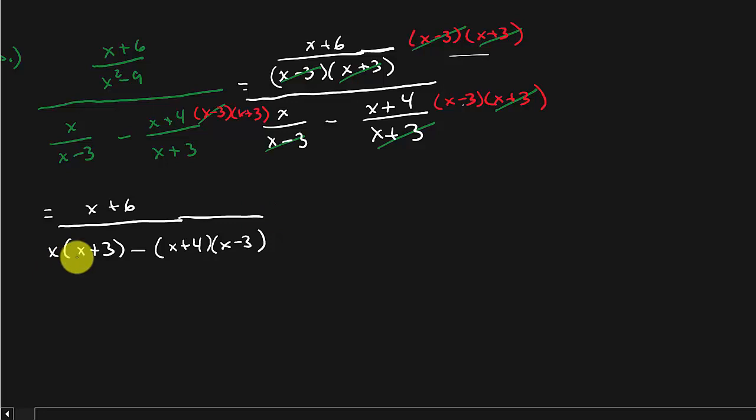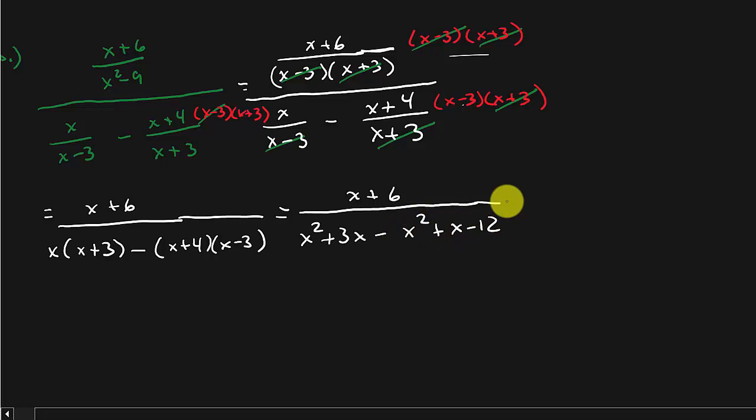Okay, now we just distribute this and combine like terms. And so that's going to be x plus 6 over x squared plus 3x minus x squared plus x minus 12. Okay. Now, once again, I messed up again, didn't I?